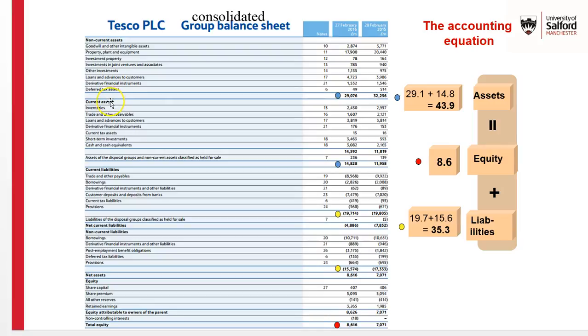Current assets, current means within the next year. And for what it's worth, we have current liabilities here: payables, that's creditors, suppliers, that sort of thing. Short-term borrowing, less than a year. Derivatives, we talked about that. And then the non-current liabilities, long-term borrowing, derivatives, slightly out of the money.